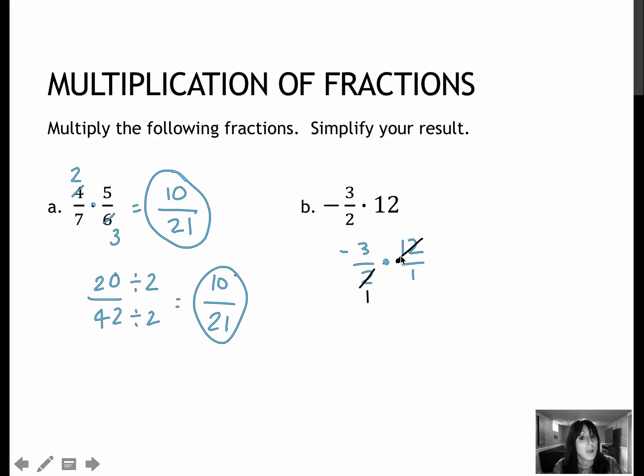I'm going to divide 12 by 2 to get 6, and nothing else will cancel. So please do not try to cancel this 3 and this 6, because notice those are both numerators of your fraction. So now what I have left on the top is -3 times 6, which is -18. And on the bottom, I have 1 times 1, so I could write my answer as -18 over 1, but really my answer is just -18.